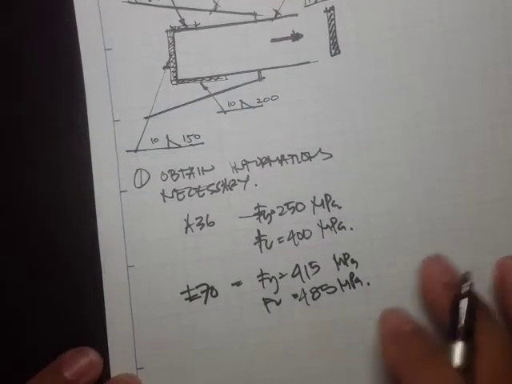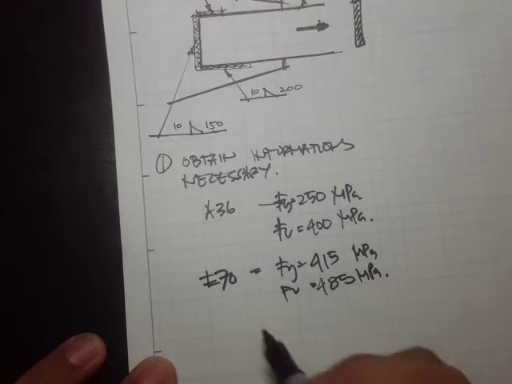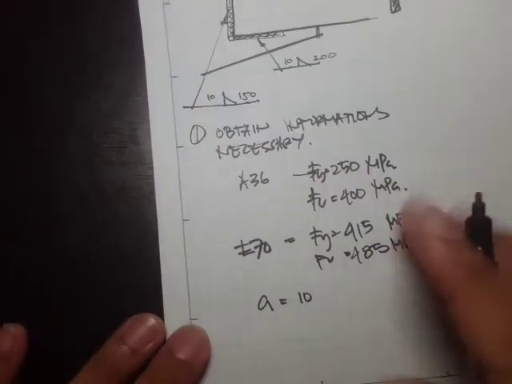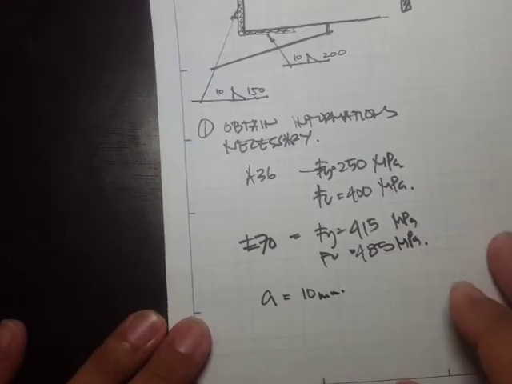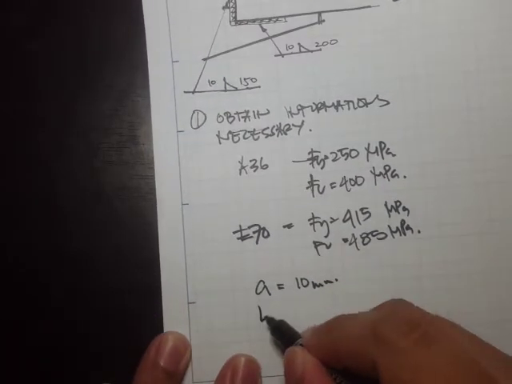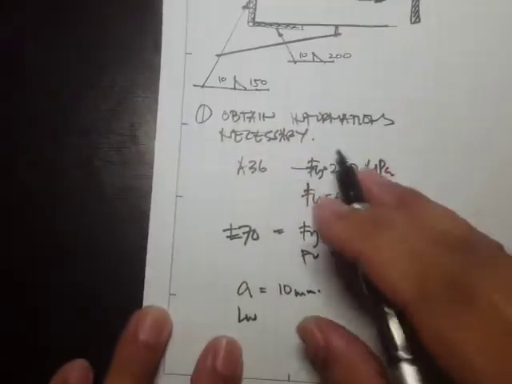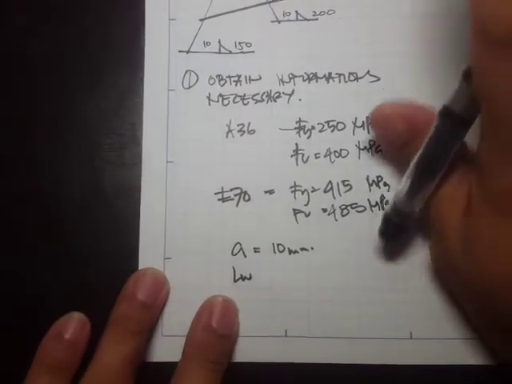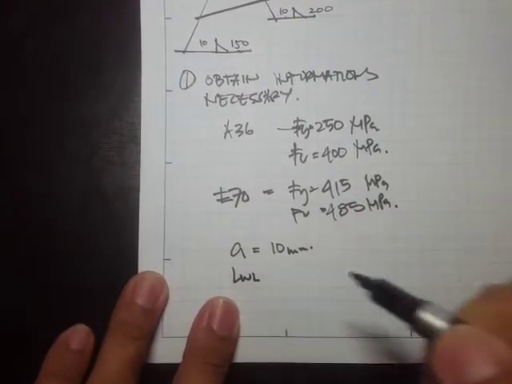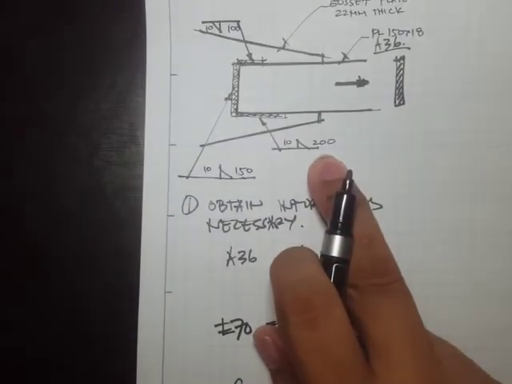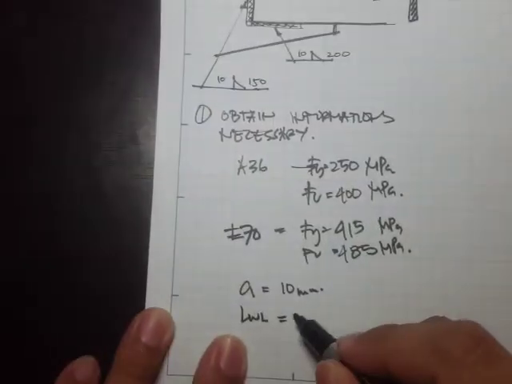Okay, our weld size, our a, is 10. They're all 10, so that's 10 mm. And our weld length, we have a longitudinal weld length, let's say this is L, which is just 200 plus 100, so we have 300.